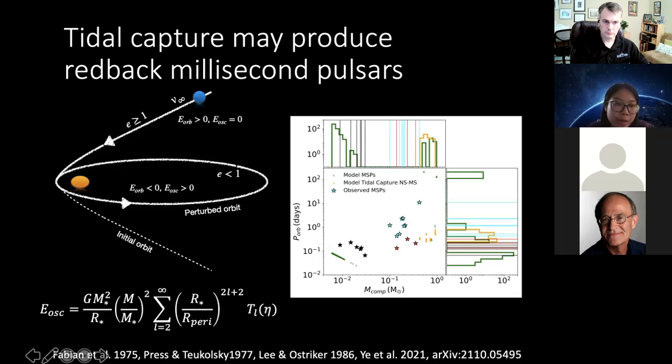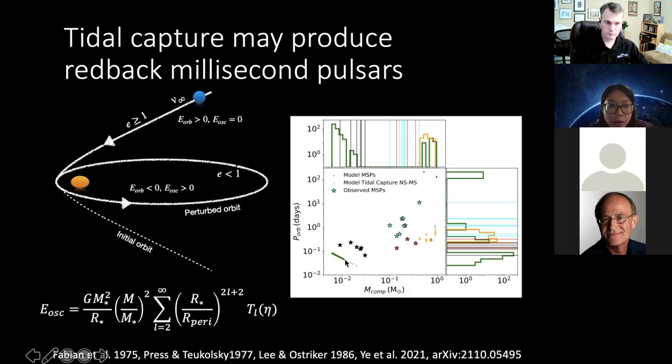And these three red stars here are the redback millisecond pulsars, and they're similar to the black widow pulsars because they also have a spider's name. And also the blue stars are what we call the normal type millisecond pulsars with a white dwarf companion.